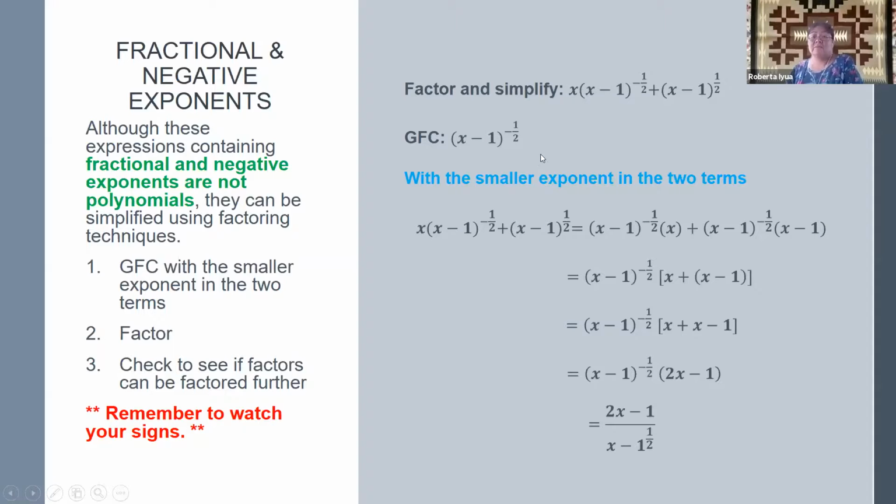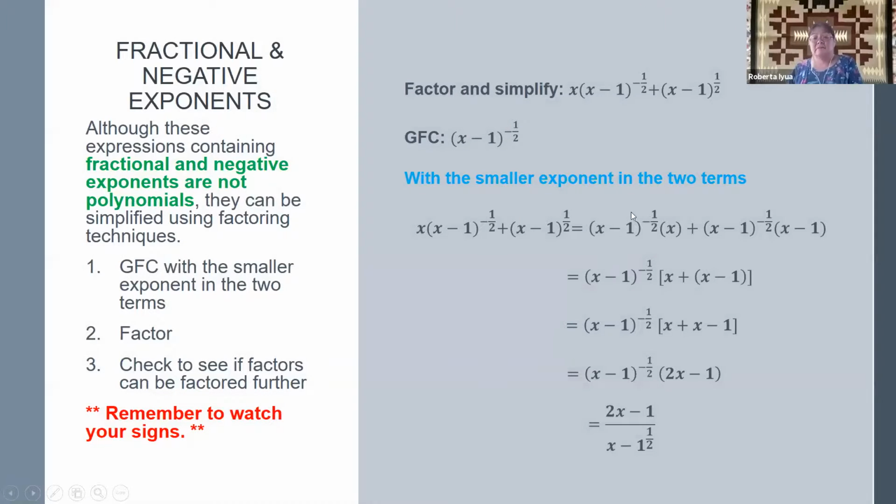My greatest common factor, as you can see, is x minus 1, and the smallest exponent of the 2 will be the negative 1/2. So my greatest common factor is (x minus 1) to the negative 1/2.